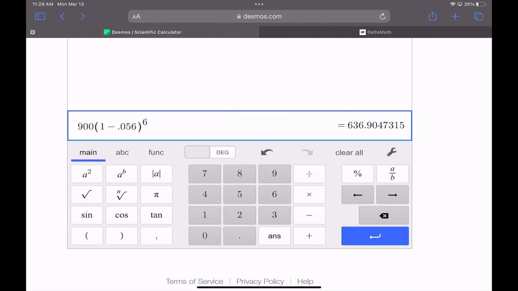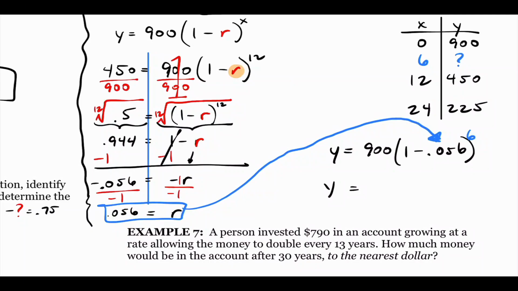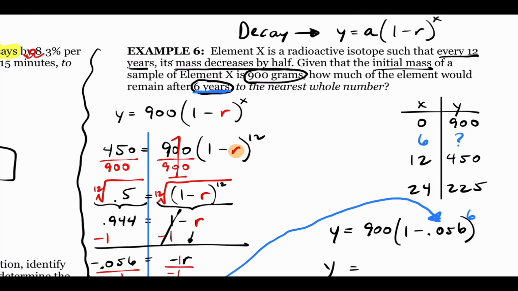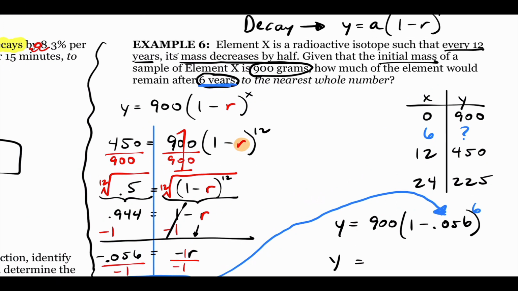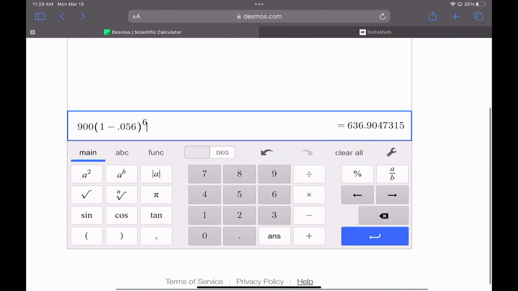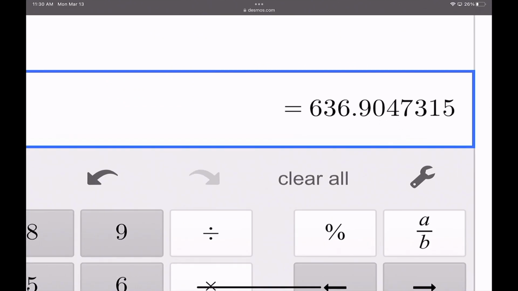We just need to write down what they want us to. In the question, it says round to the nearest whole number. Whole numbers are everything to the left of the decimal. So the whole numbers there are 636. So am I going to stay at 636 or am I going to round up to 637?